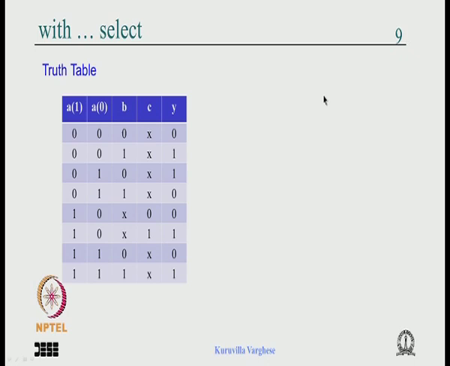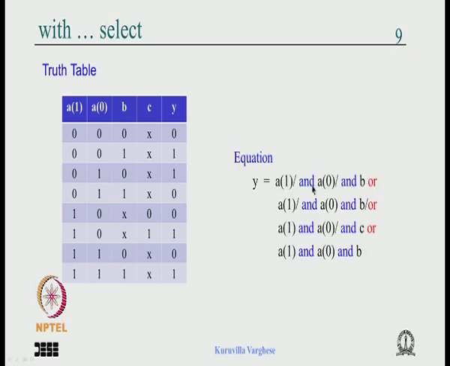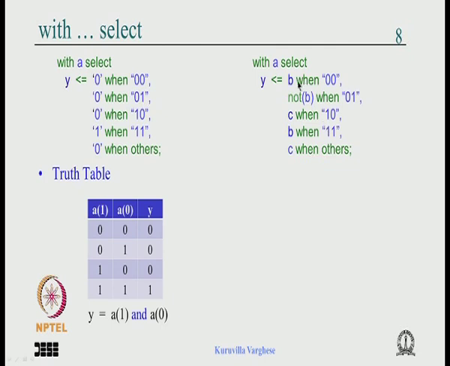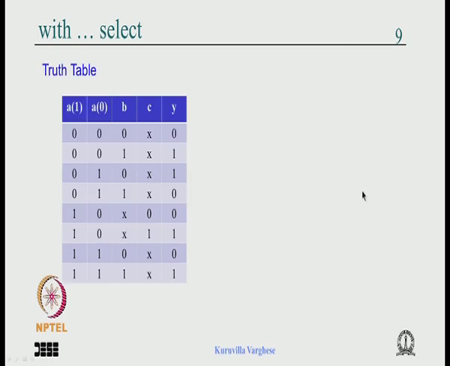But when the equation is written, it is A1 bar and A0 bar and B, or A1 bar A0 and B bar, and so each one is a min term or a product term, and so on it goes for the equations.